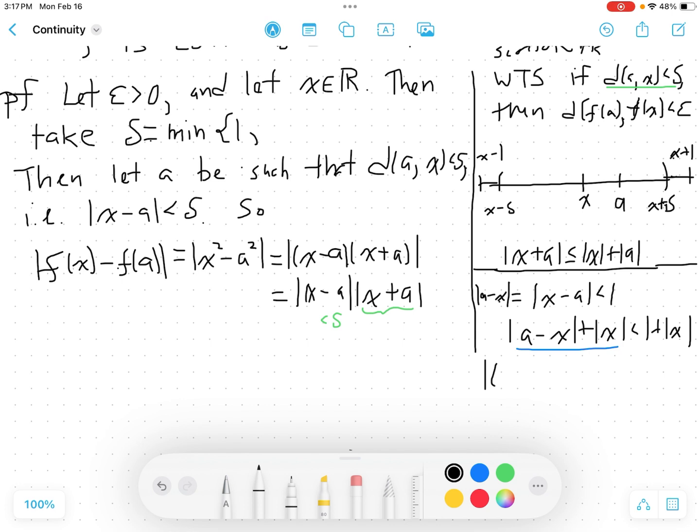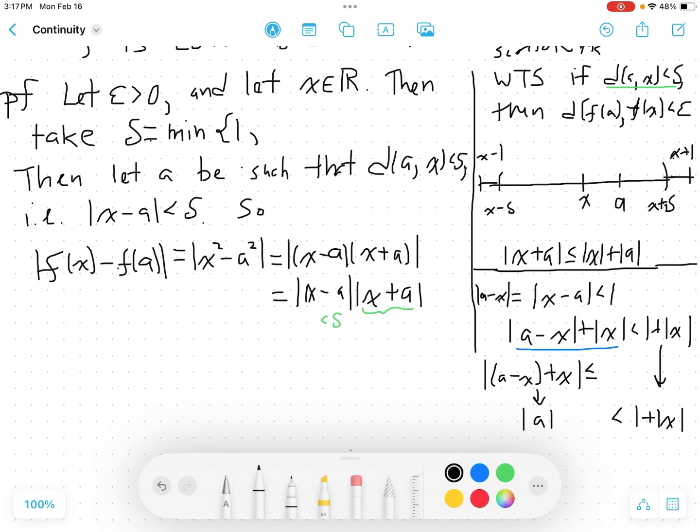So if I rewrite a minus x plus x here, this thing is less than or equal to what I've underlined in blue, the a minus x plus x, and then we know that that is less than 1 plus x. This piece over here is the same thing. The x's now can cancel. So this simplifies down to the absolute value of a. And then over here on the right, we have that that is going to be less than 1 plus x.